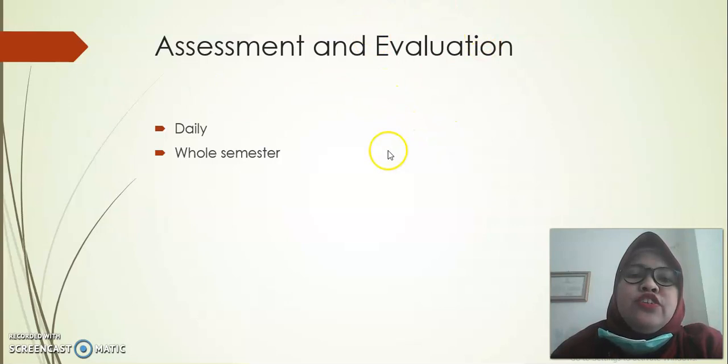Meanwhile, evaluation is used to measure the students' performance after the whole semester, or after the program or the class has been done.